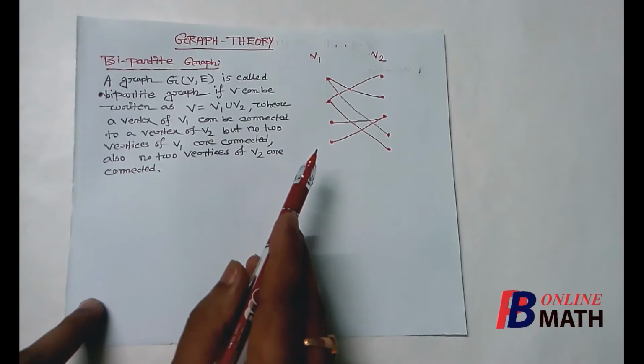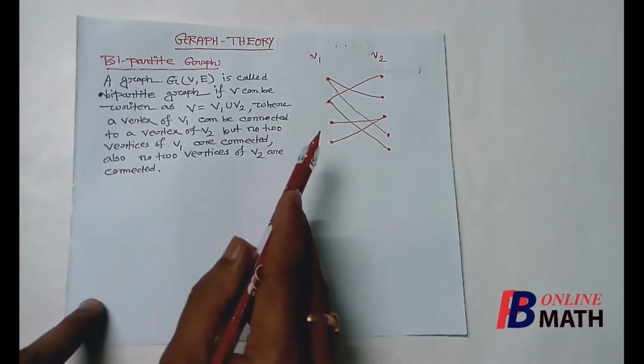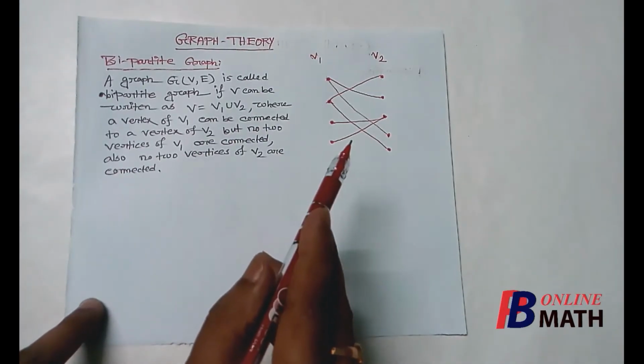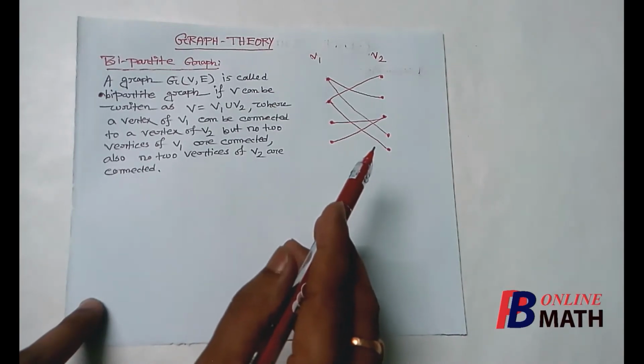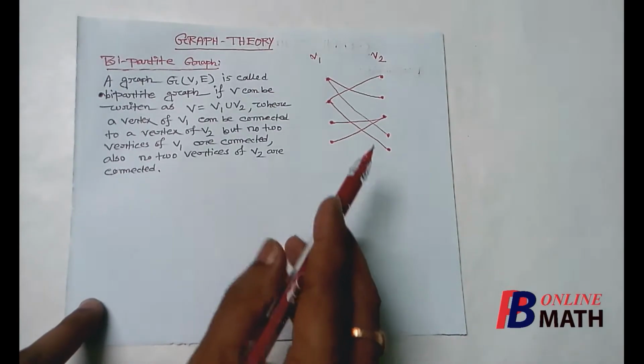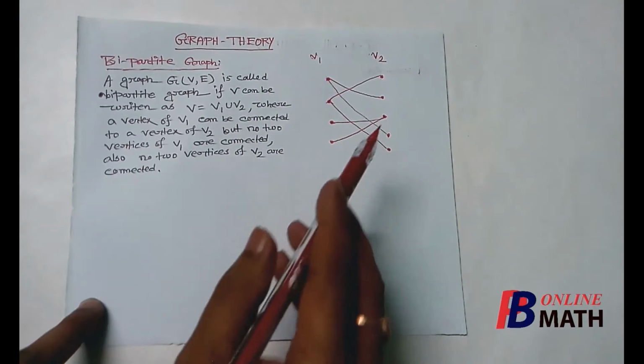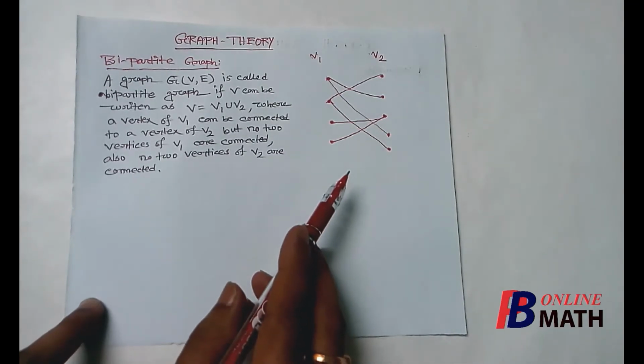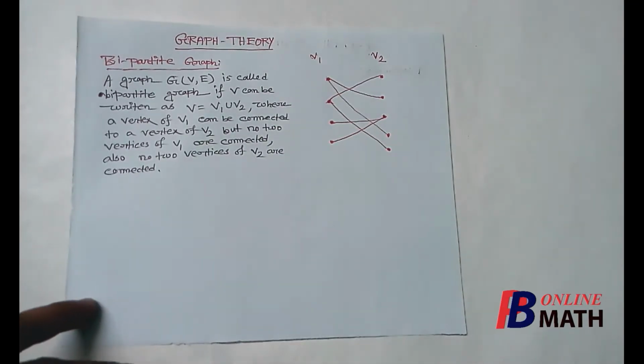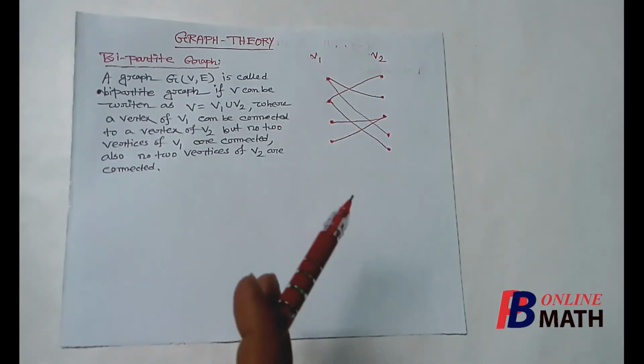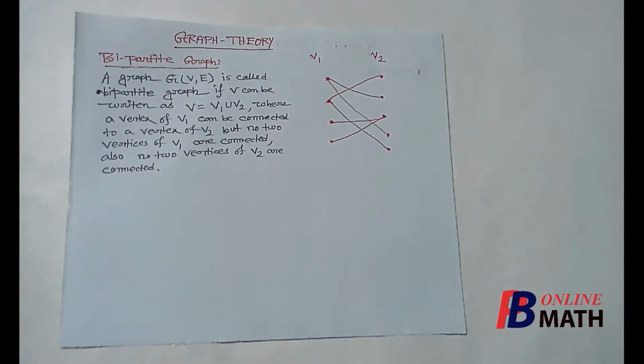So there must not exist any edge between any two vertices of V1 and also there must not exist any edge between any two vertices of V2. Then this type of graph is called bipartite graph. This is an example of bipartite graph.